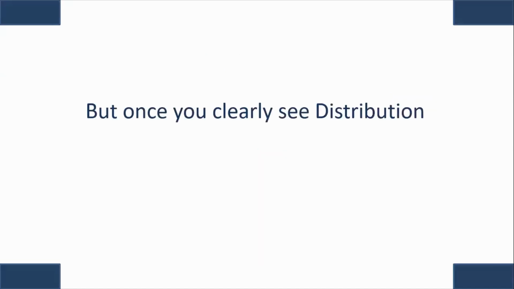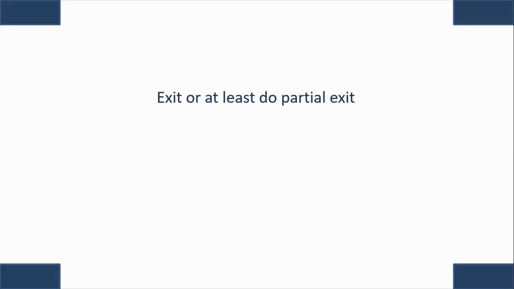But once we see the distribution clearly, once we see it happening clearly, then we have to exit or at least do partial exit. Do not listen to your mind because mind is based on emotions and feelings.